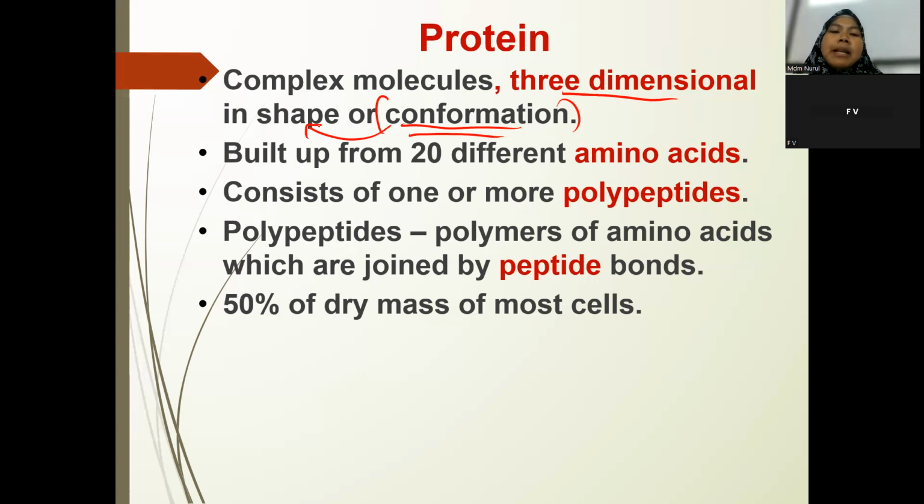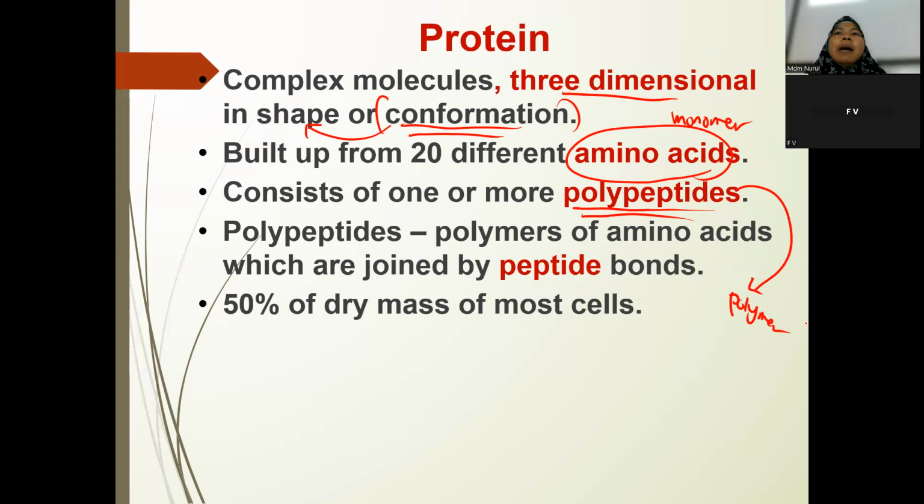Okay. Protein is built up from 20 different amino acids. So meaning to say amino acid is dia punya monomer. For protein, the monomer is amino acids. And there are 20 different amino acids. Ada 20 jenis amino acid yang berbeza. Okay, right. And it consists of 1 or more polypeptides. Amino acid, gabung amino acid, gabung amino acid, gabung amino acid, dia akan membentuk polypeptides. So dia membentuk ni kita panggil apa ni?